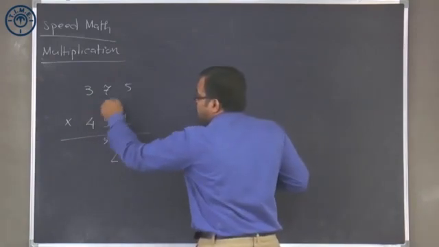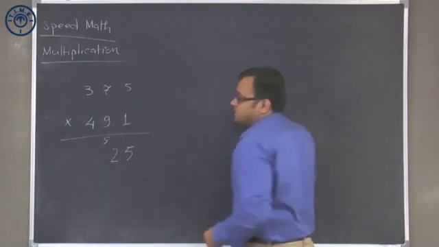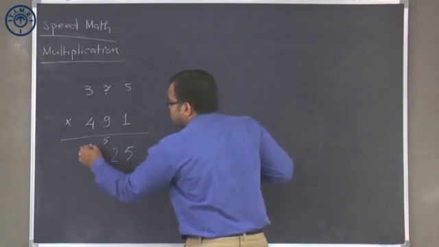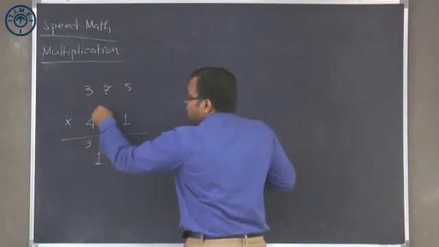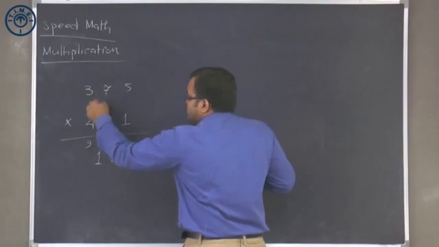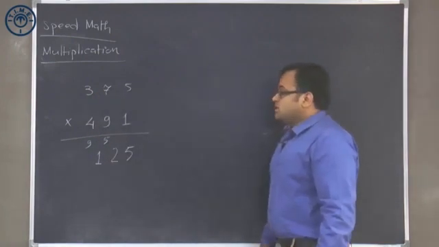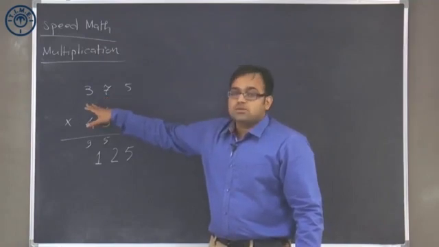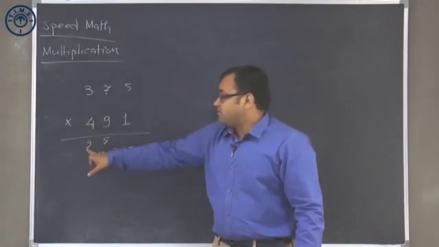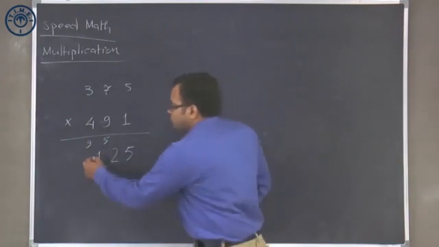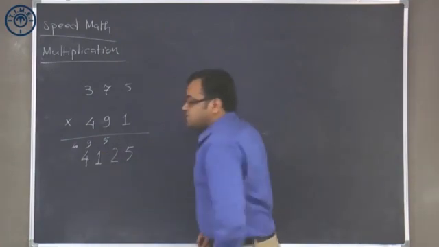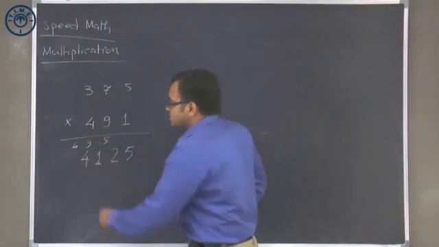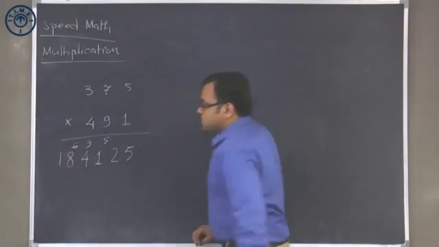Step 3, 3 into 1, 5 into 4, 23, 23 plus 63 is 86. 86 plus 5 is 91, the carry is 9. 3 into 9 is 27, 7 into 4 is 28, so 27 plus 28 is 55, 55 plus 9 is 64, so this becomes 4, carry is 6. And last step, 3 into 4 is 12, 12 plus 6 is 18. This is your answer.